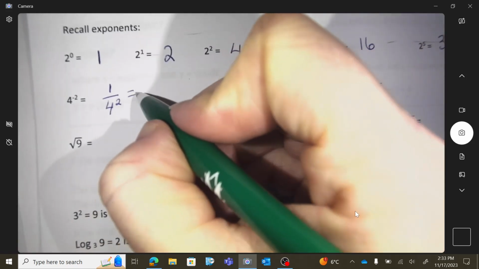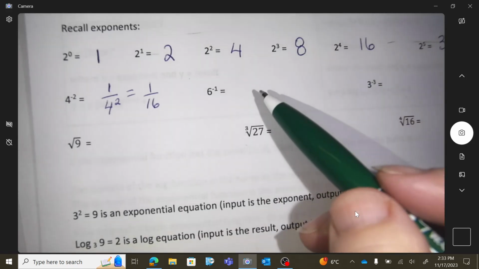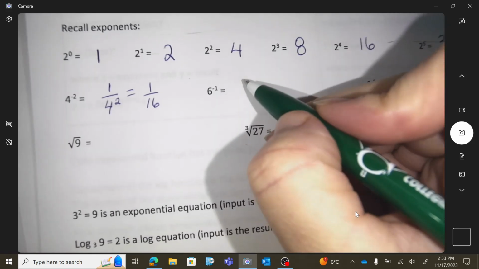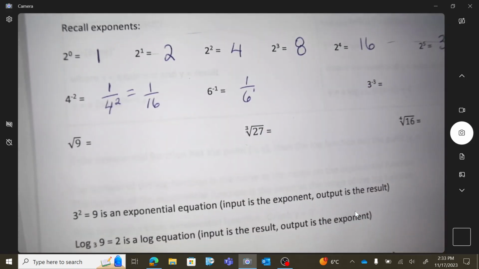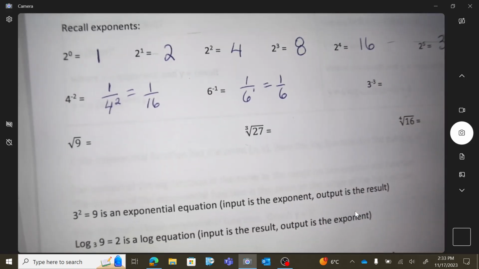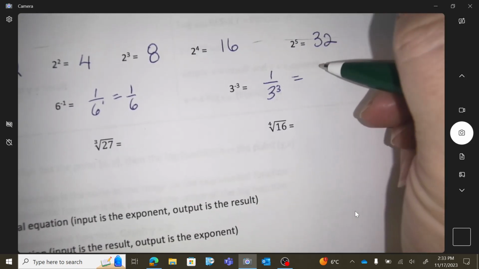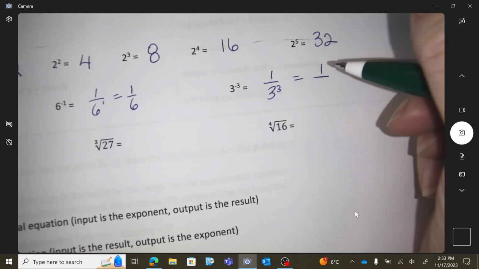And now it's a fraction, 1 over 16. Okay, and so this has a negative exponent, so it would technically move like that. And then what is 3 times 3 times 3? 27.